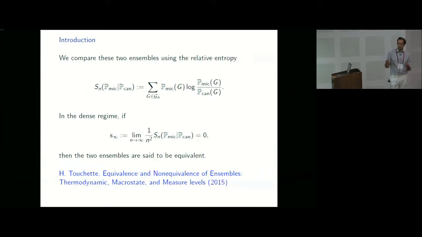The original definition has a scaling of n, but because we are studying the dense regime, we saw that also with the scaling of n squared you can identify regions where this relative entropy is positive. In the beginning we thought that with a scaling of n squared this should always be 0, because in all the examples we had a scaling of order n, but we found regions where this relative entropy in the limit is larger than 0, also with the scaling of n squared.